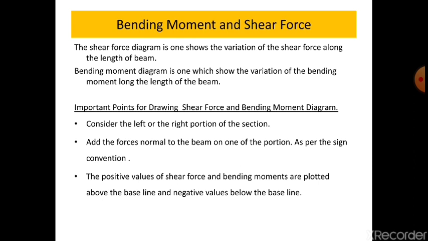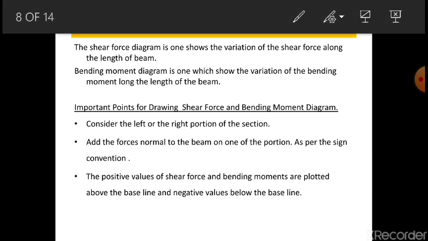If you take a section, okay, if you take this as a beam, a cantilever beam, and this is your loading, and suppose this is A, this is B, this is C. First you take the section at BC. So if you consider left side or the right side, you have to take the values of the forces from that portion only. You can't shift the portions every time.